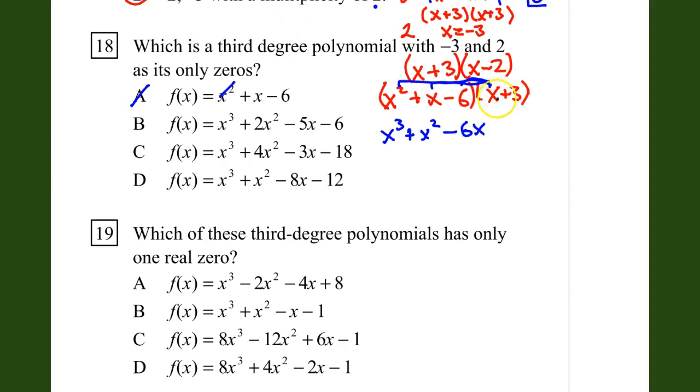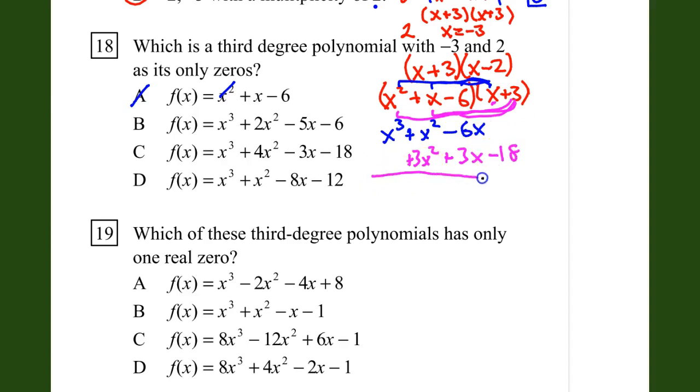Now the other side: 3 times all these. 3 times x squared is plus 3x squared. 3 times x is plus 3x. And 3 times -6 is -18.